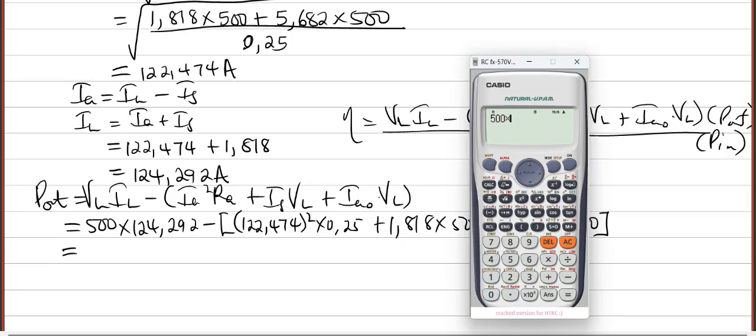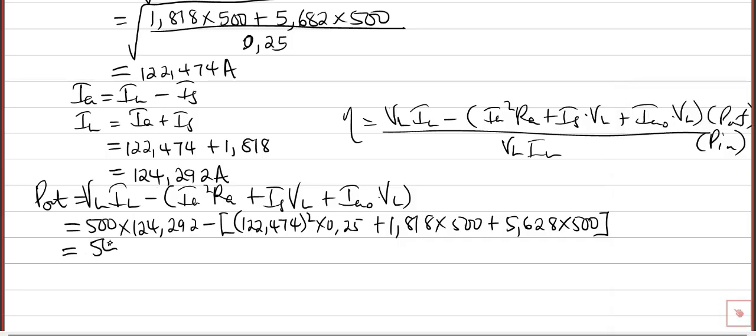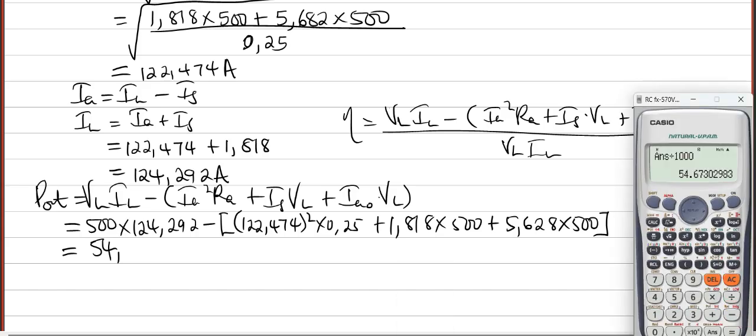This is going to be 500 times 124,292 minus open bracket 122,474 squared times 0,25 plus, substitute these other values, we have 1,818 times 500 plus 5,628 times 500 close bracket. Let's divide by 1000. We have 54,673.